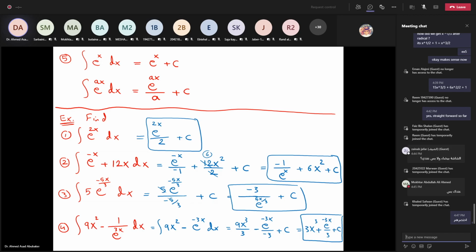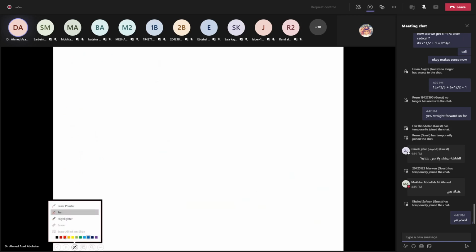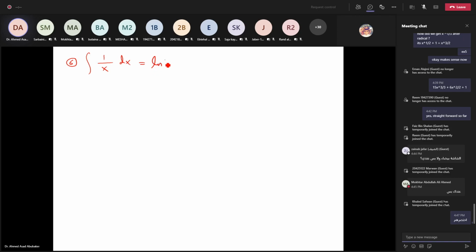Any question? The rule number 6. If we have 1 over x, this is special, because the integral of 1 over x must be ln absolute value of x plus c.